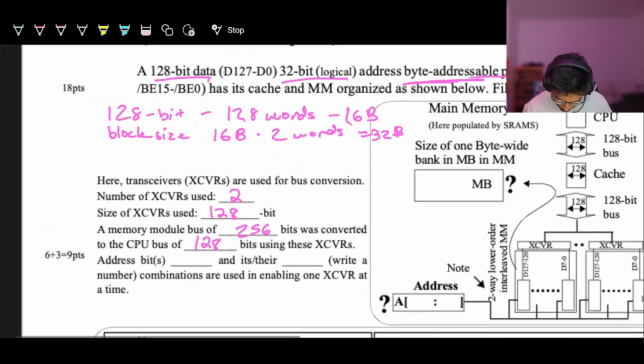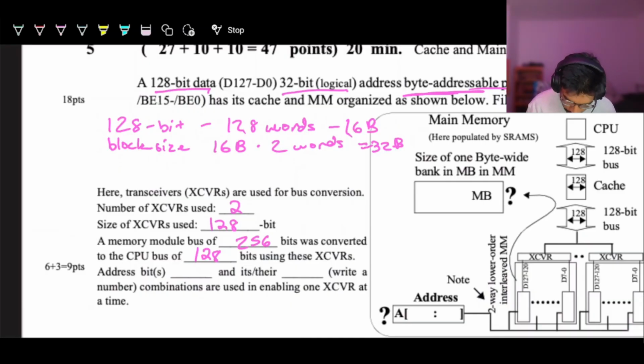Next, let's go into the addresses. So there's 16 bank enables, so that means we need A3 to A0 to select a bank.